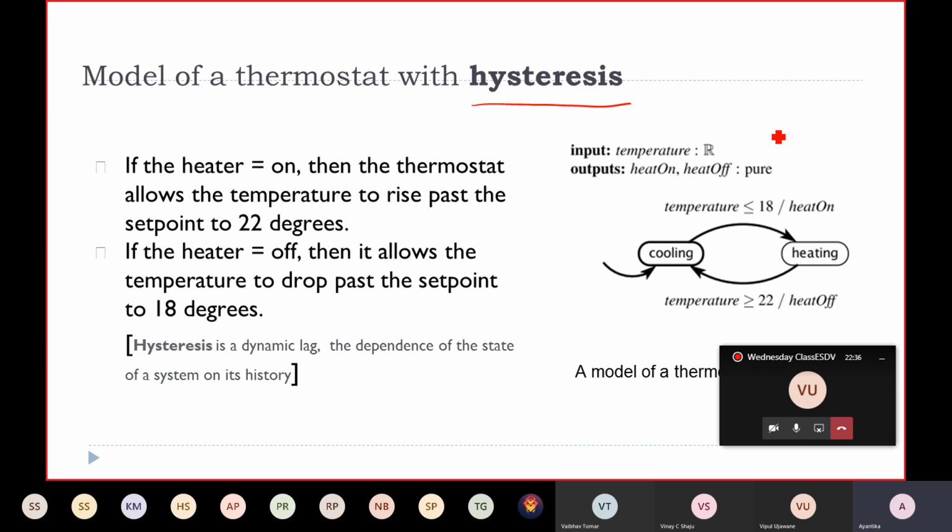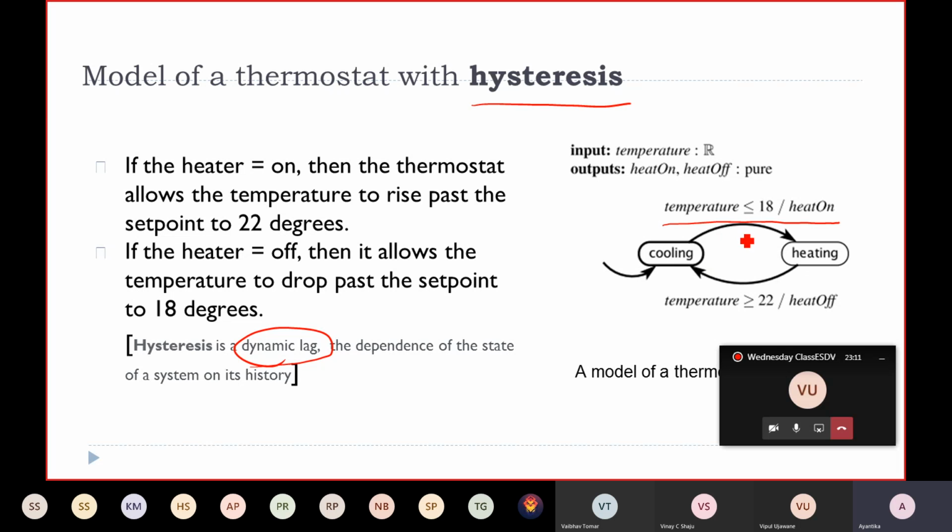Now, I hope you understand the meaning of hysteresis, or what it is actually incorporating. It is incorporating some dynamic lag in your design. So with the incorporation of this hysteresis, we have not changed the states. We have just changed the transition conditions. We have not considered the same point; we have just maintained one range.